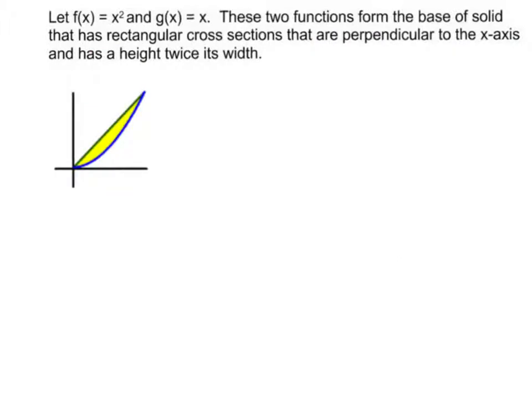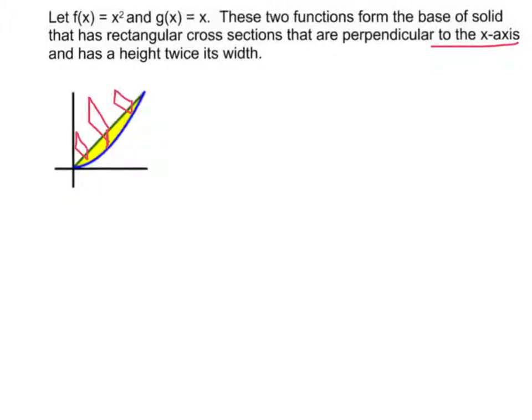Our last problem. If f of x is x squared and g of x is x, the two functions form the base of a solid that has rectangular cross sections perpendicular to the x-axis and has a height twice its width. So essentially we're perpendicular to the x-axis, and it's coming up off your screen like that, if I can draw that at all convincingly.